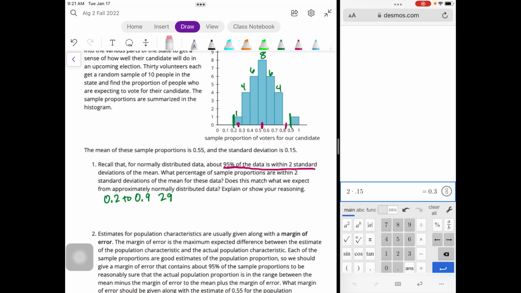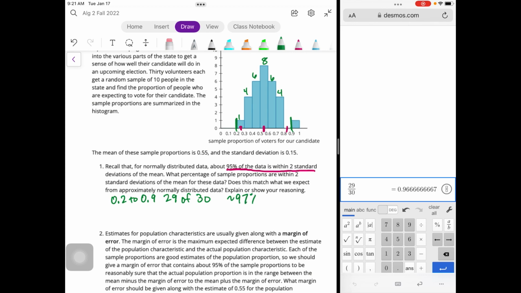So let's go with 0.2 to 0.9, and we had 29 out of 30. 29 out of 30 is about 97%. And that does match; 97 is just a little bit more than 95%. So that is approximately normal.